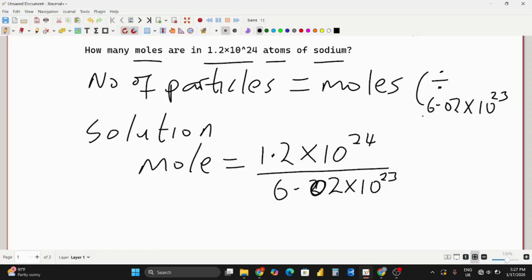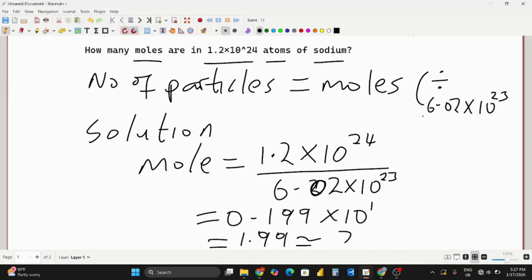So our answer will be equal to 0.199 times 10 raised to the power 1, which will be equal to 1.99, and we approximate to 2. So that's 2 moles of sodium. So this is how you answer questions that involve moles and number of particles.